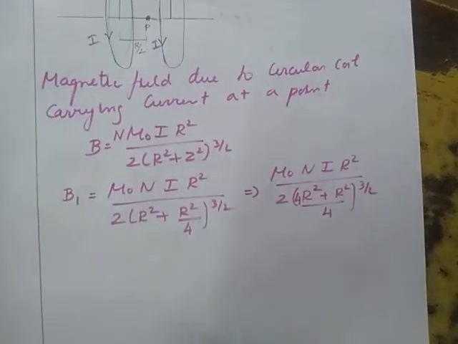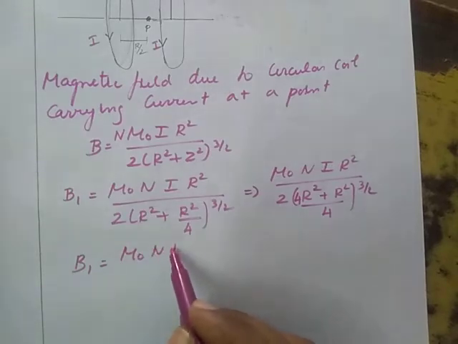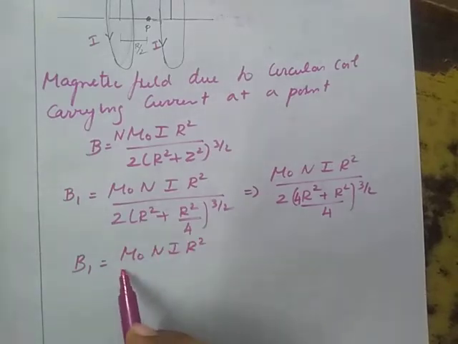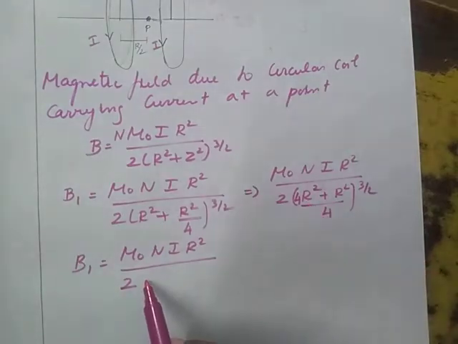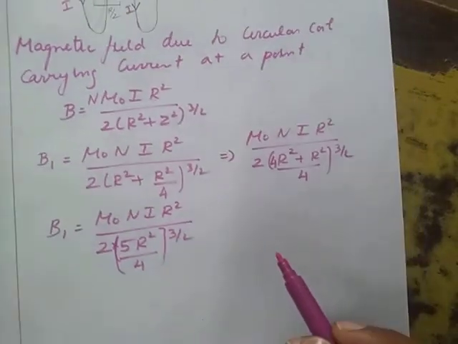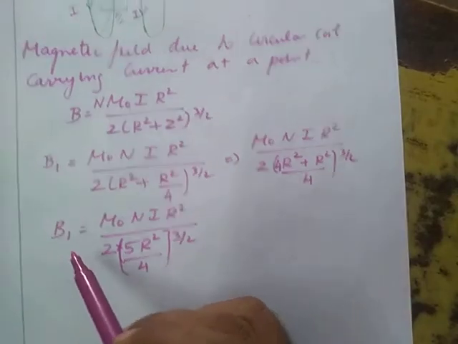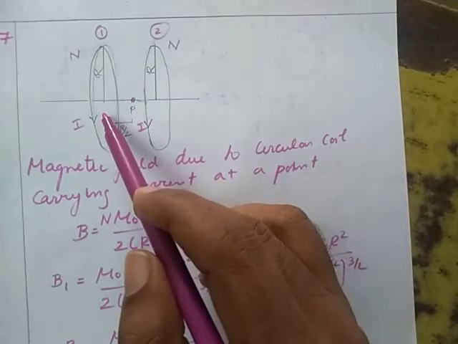After solving this we get B1 is equal to mu naught N I r square by 2 into (5 r square by 4) power 3 by 2. This is the magnetic field at the point P due to coil 1.